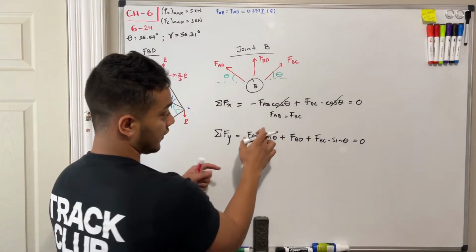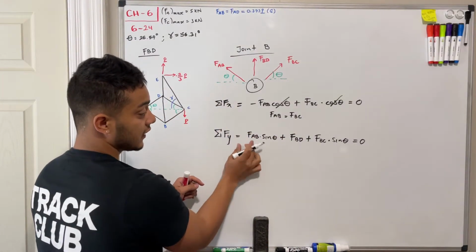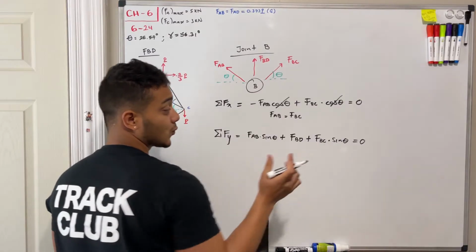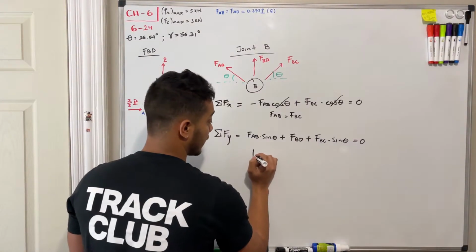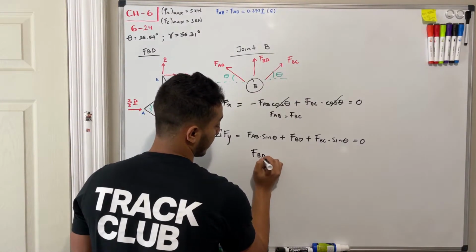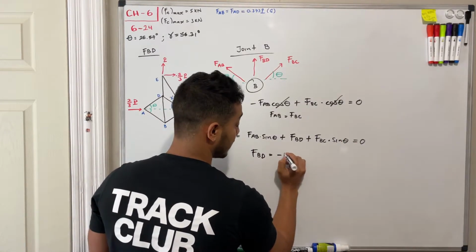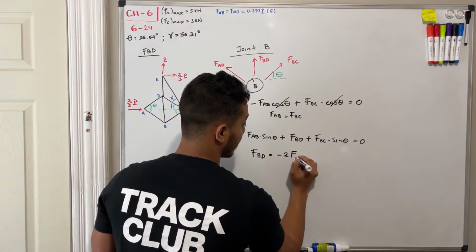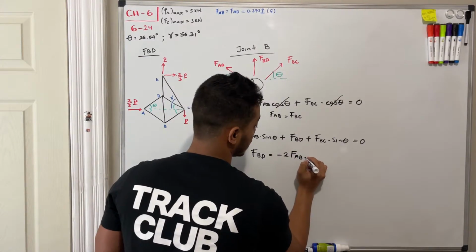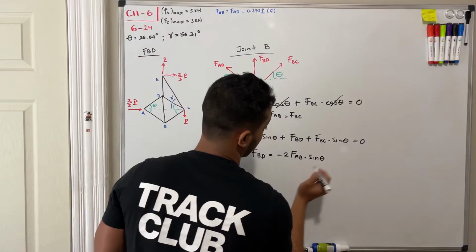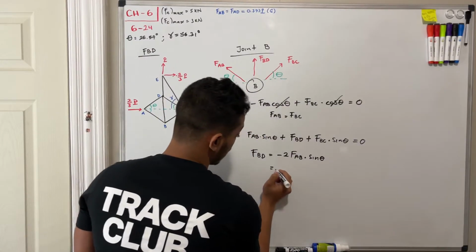But here we go again: FAB is equal to FBC, so we can combine them together and we figure out that FBD will be equal to, passing them to the other side, negative 2 FAB multiplied by the sine of theta. So what is this equal to?